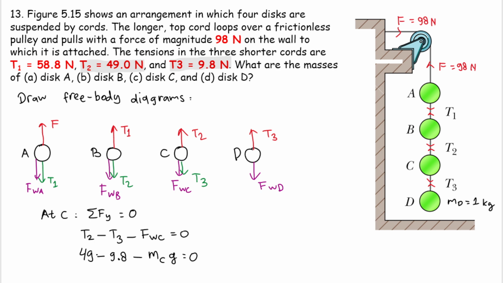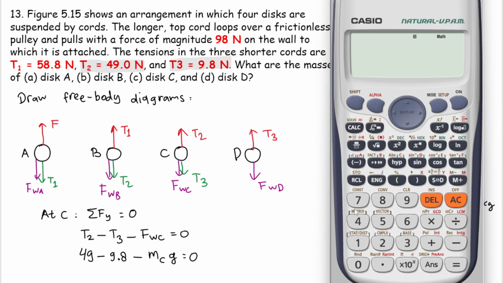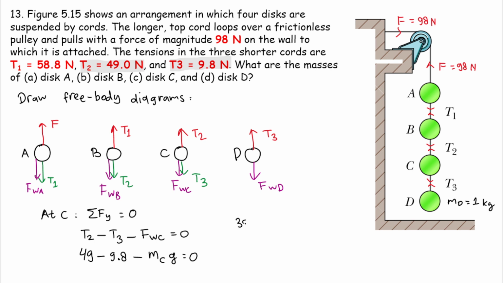And what is 49 minus 9.8? I think I will need a calculator. 49 minus 9.8, I will have 39.2. And then minus, what is MC? We have not known it yet, but we know the gravity. Gravity is 9.8. So I have MC here as unknown.